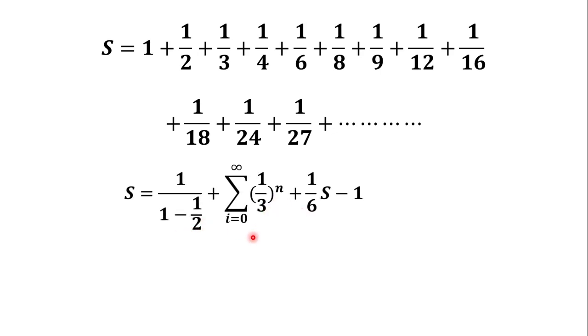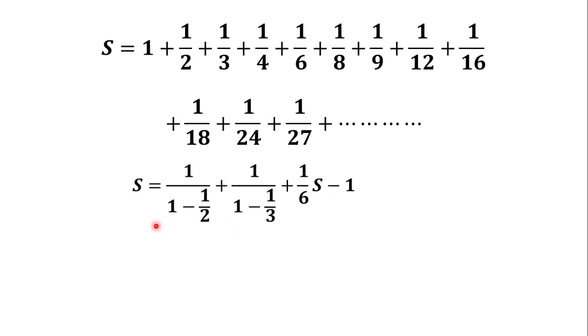Also, for the other series, the sum is 1 over 1 minus 1/3. Now we need to solve this equation for S. 1 over 1 minus 1/2 is equal to 2, and 1 over 1 minus 1/3 is equal to 3/2.